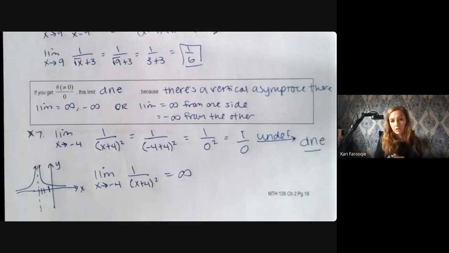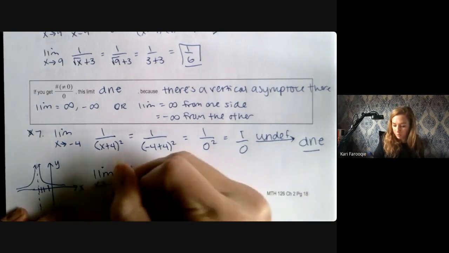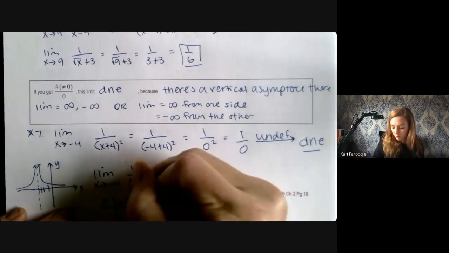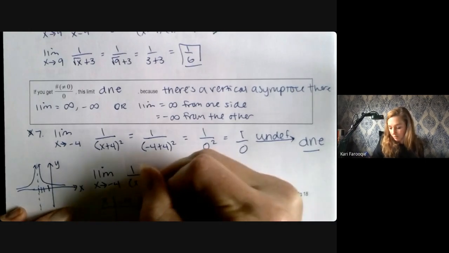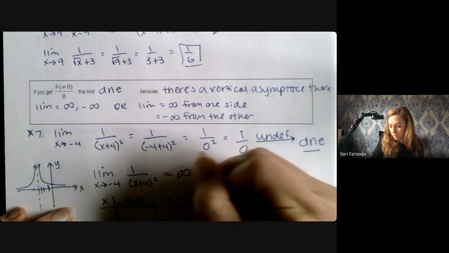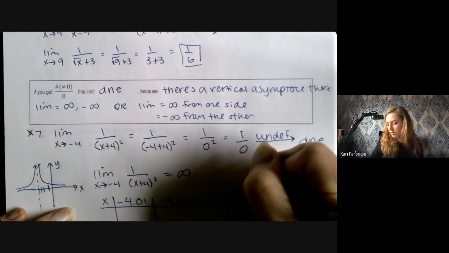This is another one you could have done with a table of values by just choosing values of x approaching -4. So maybe you would have said, okay, as I approach from the left, I'm approaching from like -4.01, -4.001, -4.0001.